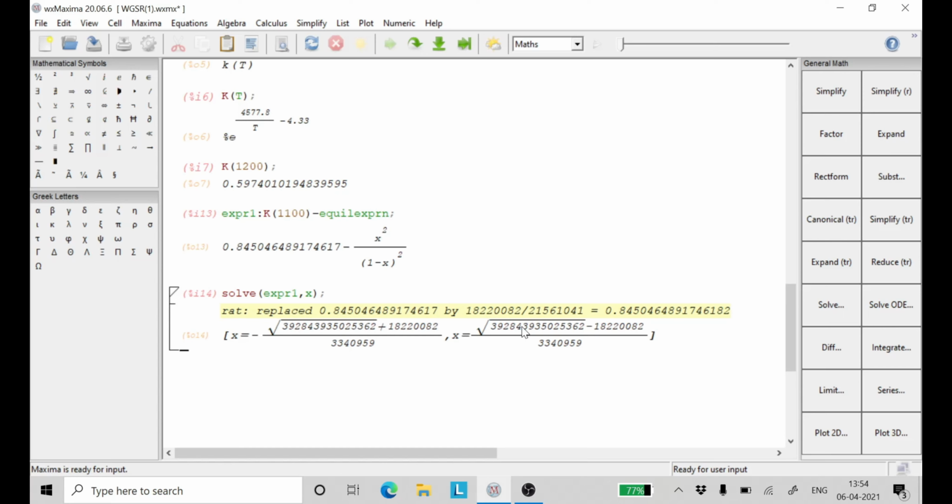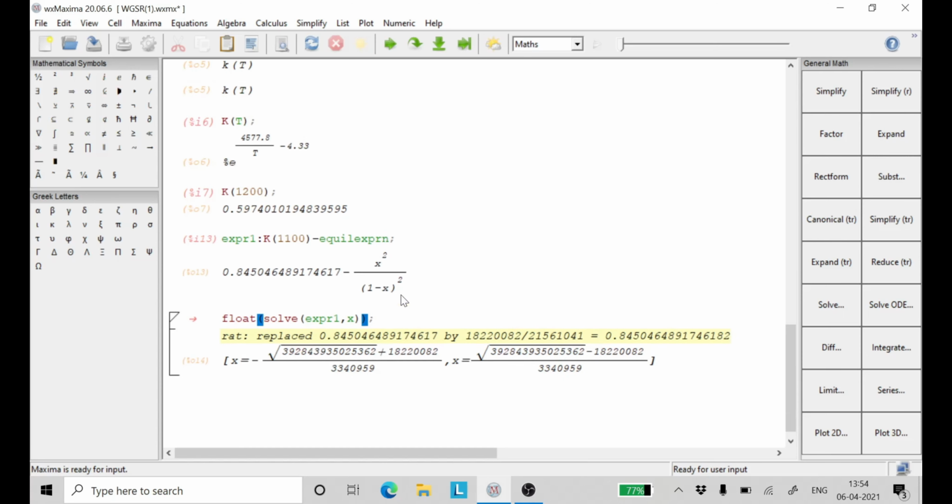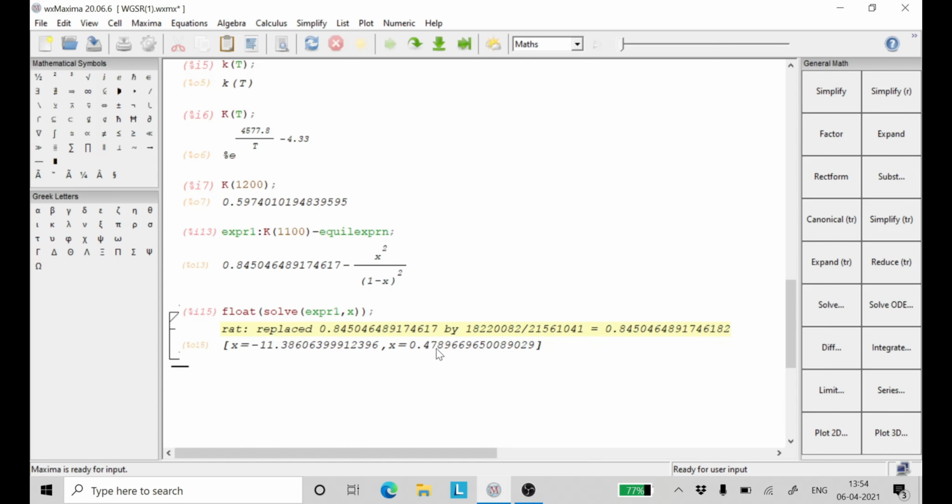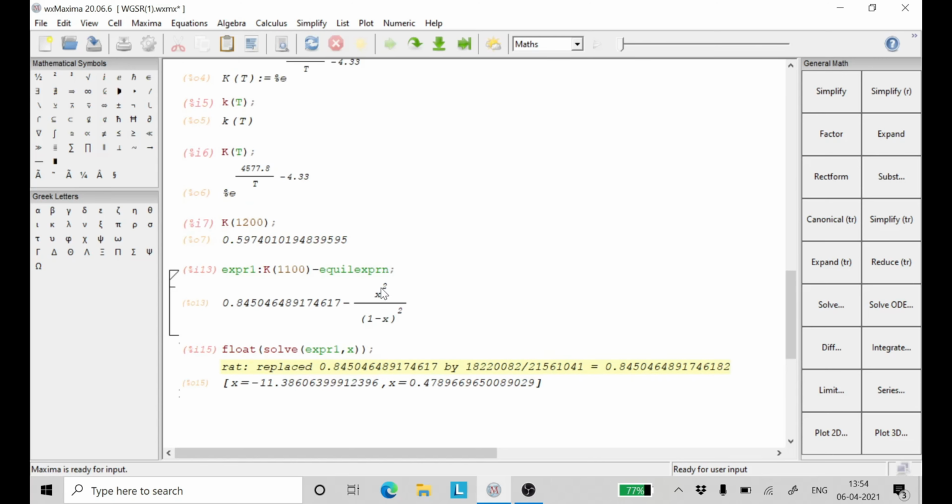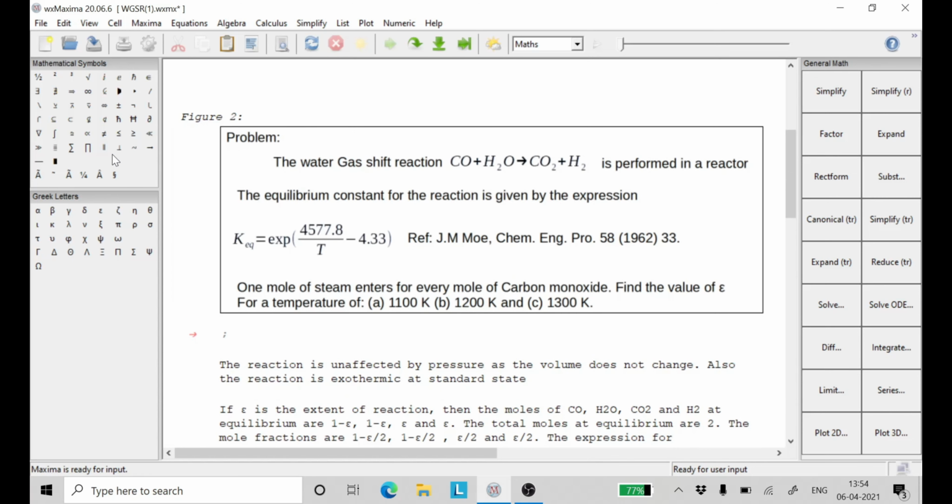Now if I want a numerical solution for it, all I have to do is write float and include this command in float, and there we are, 0.4789. That is the value of x. It's evident that the conversion is 47.89%. Now, how do we use it?